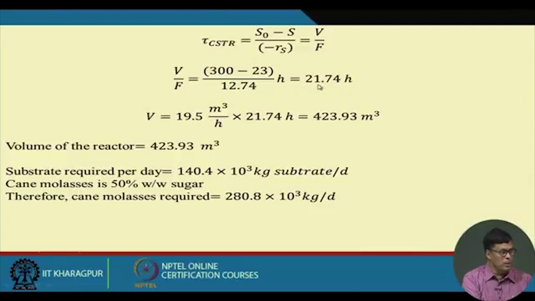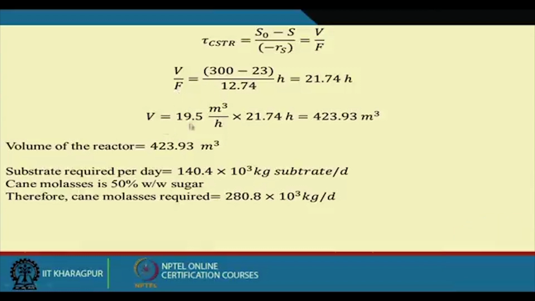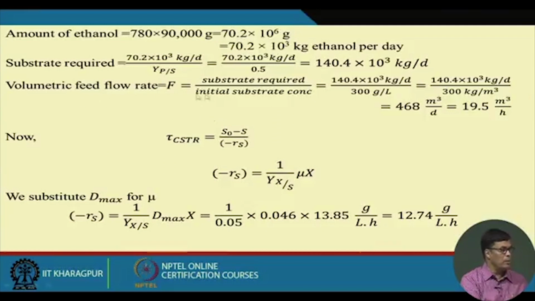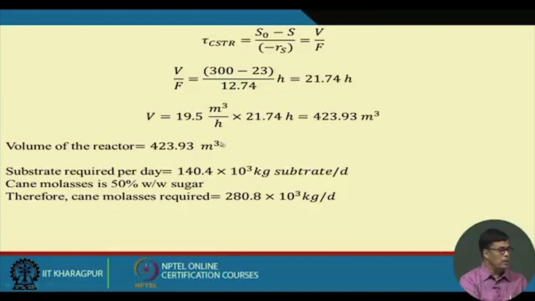Now, tau CSTR is coming at 21.74 hour, and this is equal to V by F, the volume by volumetric flow rate. The volumetric flow rate we have already calculated in the previous step is 19.5 cubic meter per hour. So, we can multiply this with the tau CSTR and get the volume of the reactor.